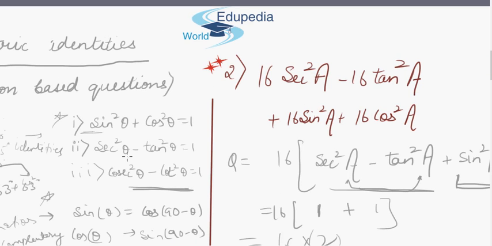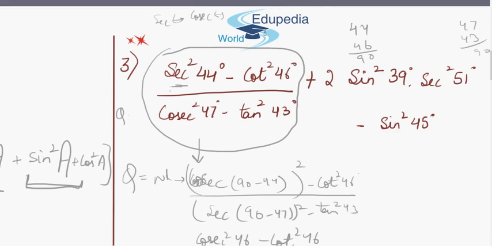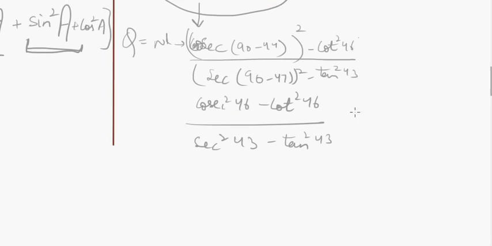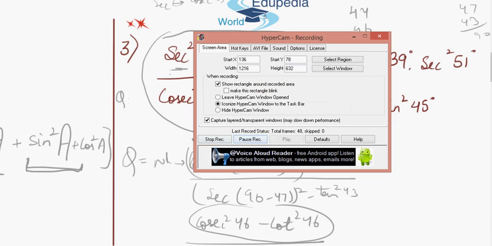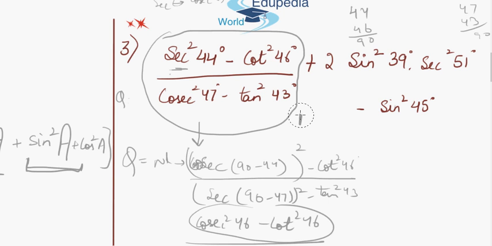Similarly, secant square theta minus tangent square theta, the angles are same, will also give 1. So on numerator we will have 1, and in the denominator 1. So 1 over 1 is 1. This particular portion is reduced to 1. So for the first part we have the value as 1.